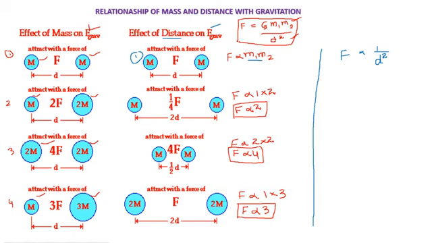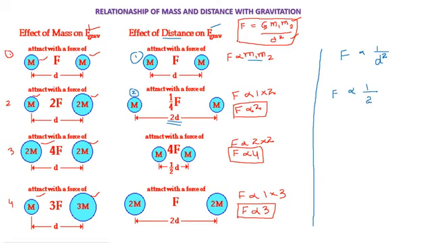Okay, so force is inversely proportional to the square of the distance between the two objects. We know that. Keeping this in mind, let's see the different conditions. In the second condition, the distance between the two objects is double. So let's take F. In this case, the distance is double, so I am going to take D as 2.